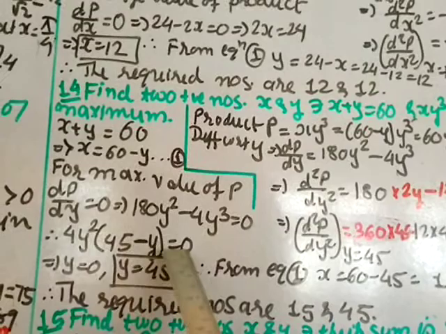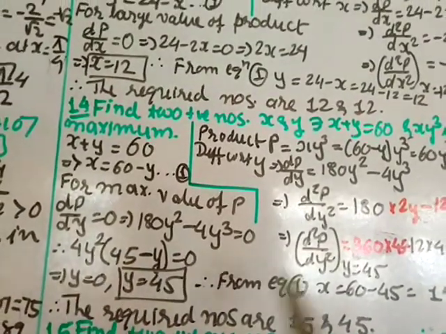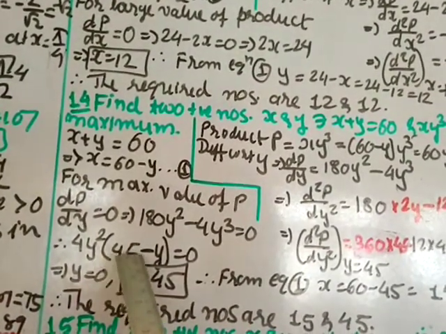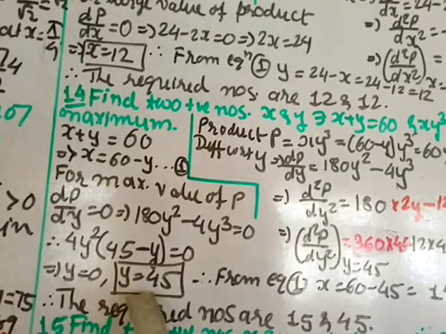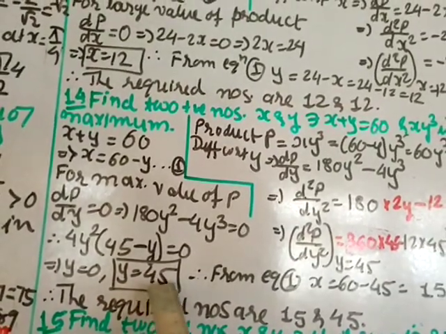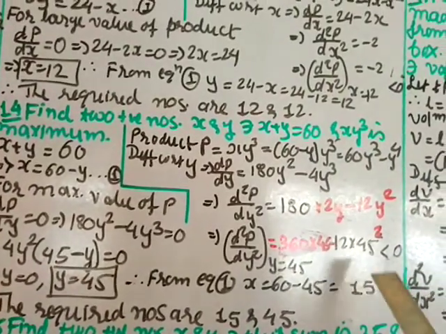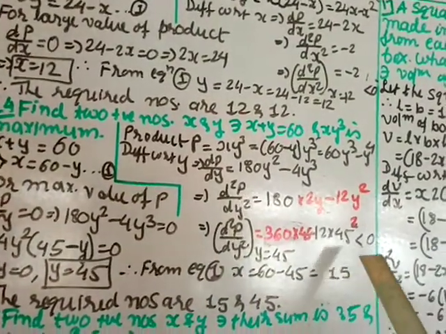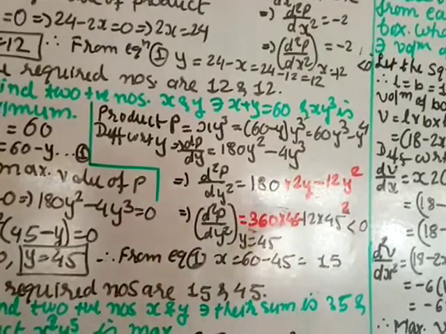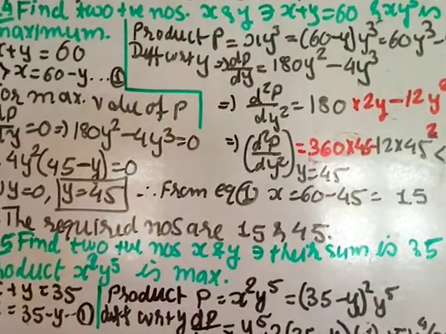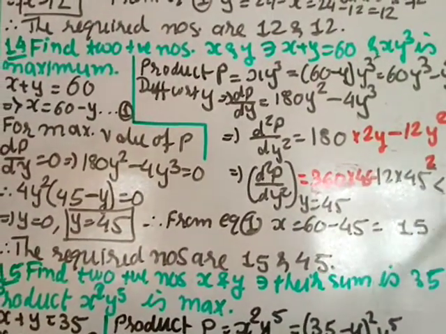So that means either this factor is 0 or this is 0. We neglect the y square factor and take only 45 minus y equal to 0. So y is equal to 45. Now I put this value in the second derivative and check whether the answer is negative or positive. When you simplify you get the answer negative.